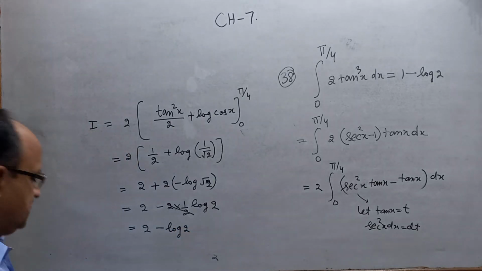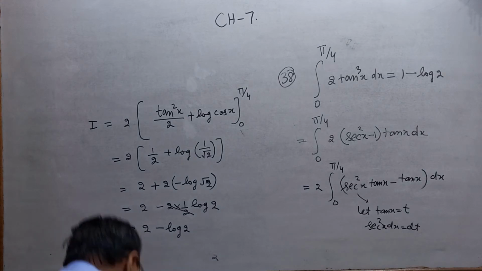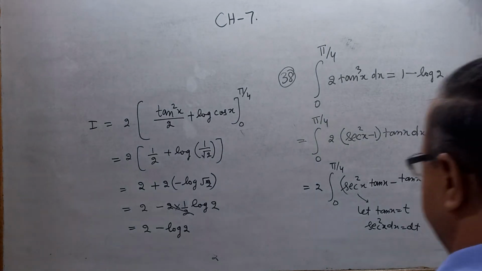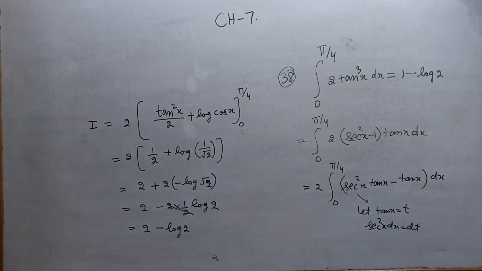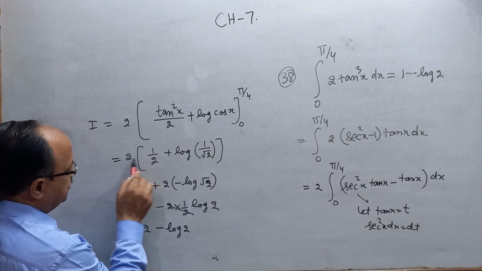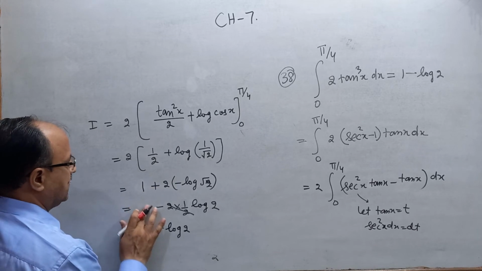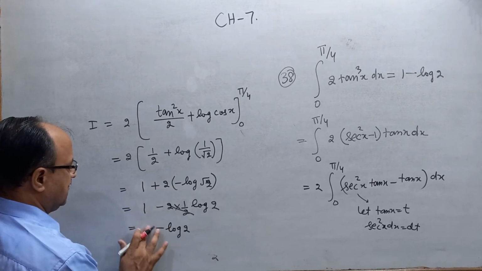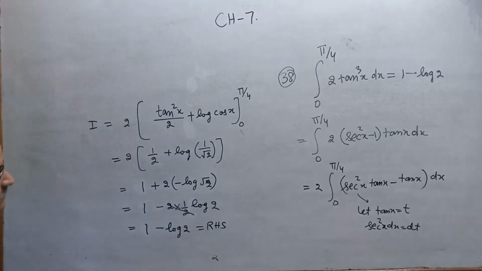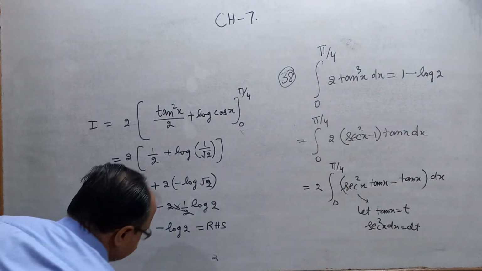Clear? Check again. When you multiply 2 with 2, then the 2s cancel. Here 1, here also 1. That is the right hand side. This is question number 38. Clear?